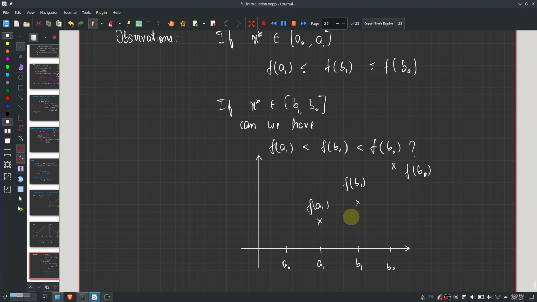When I evaluate the function at these 3 points, it turns out that f of A1 is less than f of B1 and f of B1 is strictly less than f of B0. So you can think of just these 3 points pictorially. My question is, can the point of minimum be between B1 and B0?